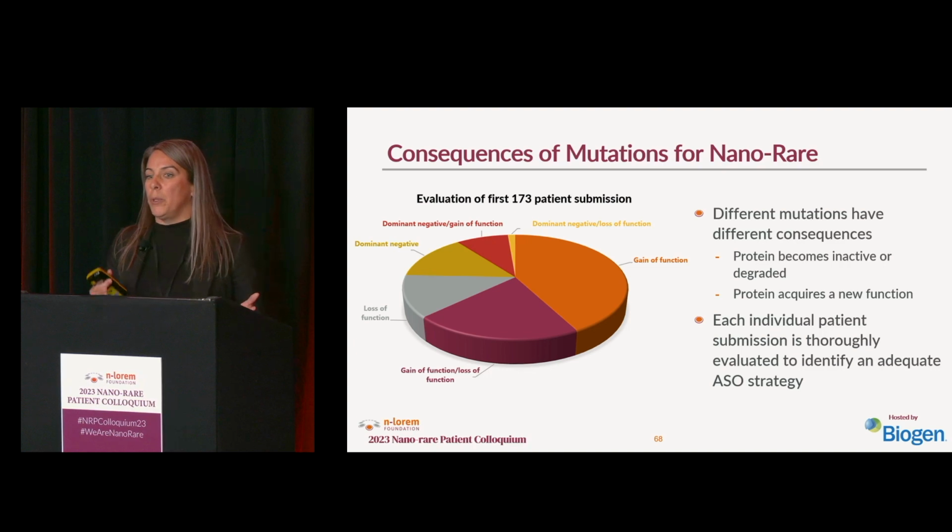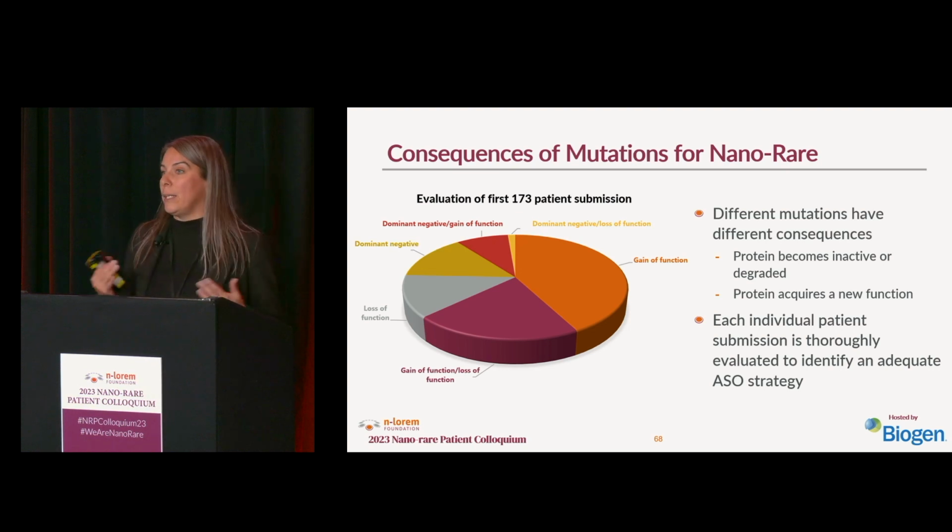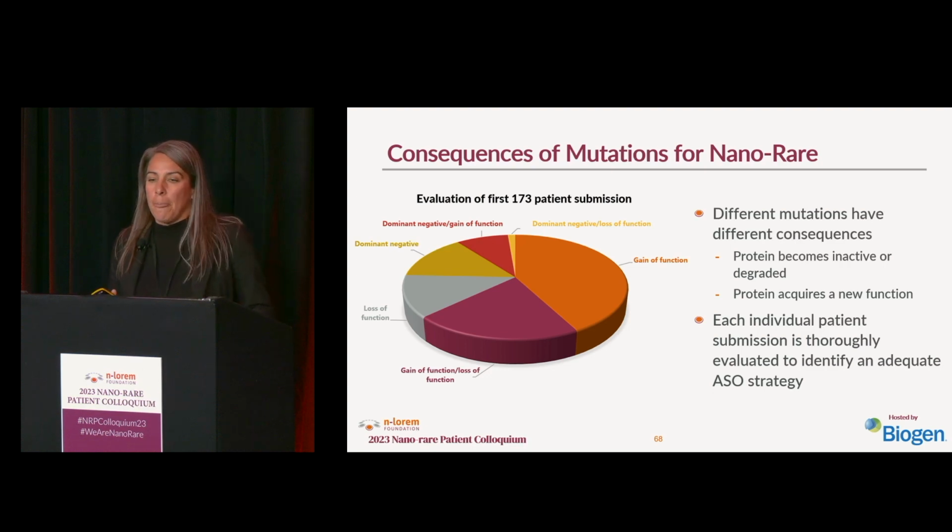For example, a mutation can cause a protein to become inactive or be degraded by the cell. So the protein is no longer able to do its normal job, and we refer to these as loss of function. Other times, a mutation can cause a protein to acquire a new function, so a job that it wasn't doing before. And these mutations are referred to as gain of function, and often they're toxic.